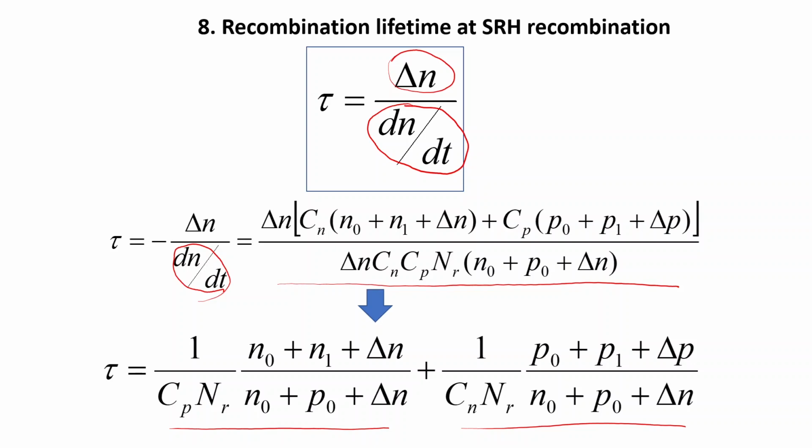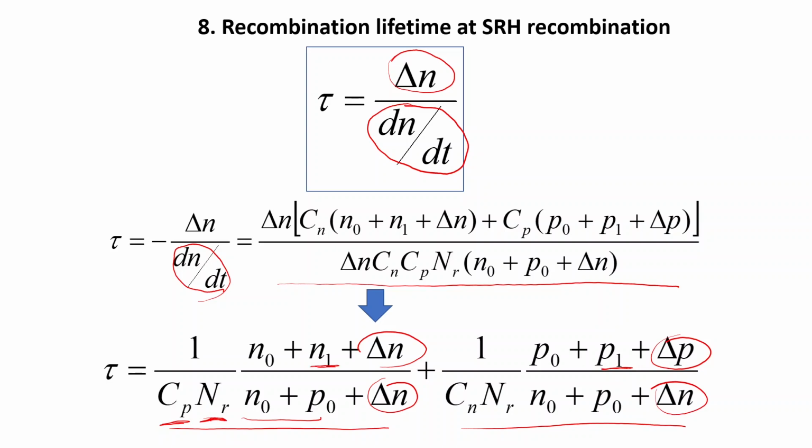So we have several parameters which play a role: capture cross-section for holes, concentration of recombination centers per unit volume, and also the position of this energy level, because it defines N1 and P1, and the equilibrium as well as non-equilibrium charge carrier concentration.